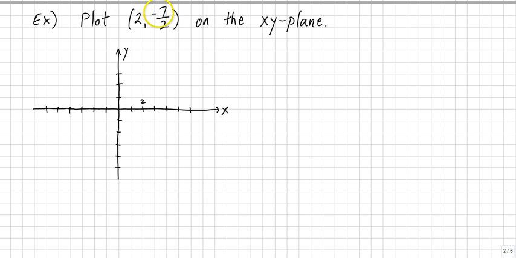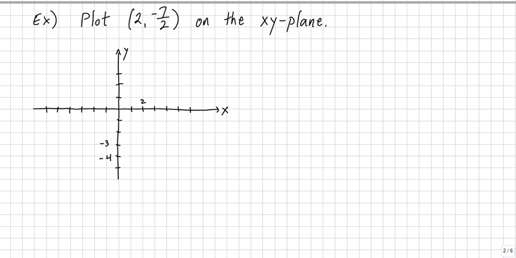The -7/2 represents where you're at on the y-axis. That would be -3.5. So if this is -3 and this is -4, we'd be at -3.5, which is halfway between those.